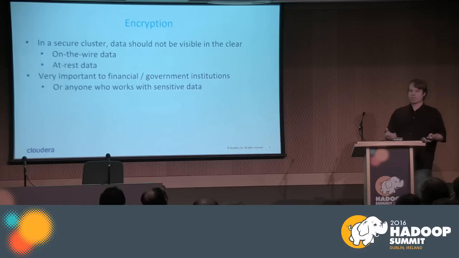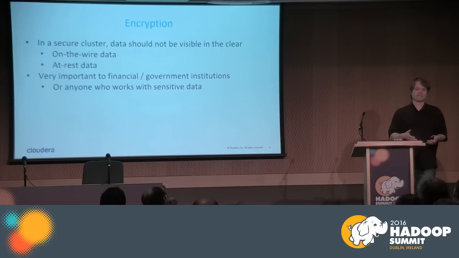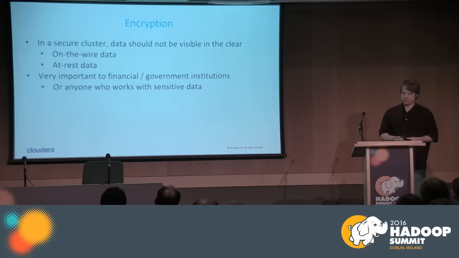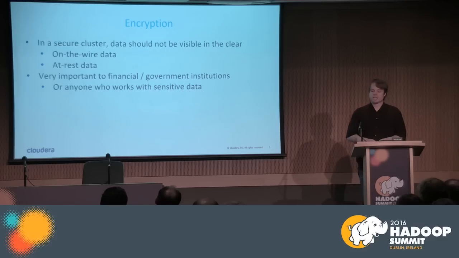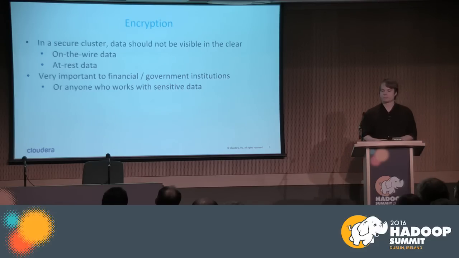And some people also have a very strong desire to have at-rest data encryption so that even if you somehow have to dispose of your hard disks and someone gets hold of that, they can't get to that data. This is really very, very important to financial and government institutions. They're the people who come directly to us all the time asking, is this feature there yet? Is this supported? But basically, anyone who needs to deal with sensitive data will at one point have to deal with all these things that we're going to be talking about.